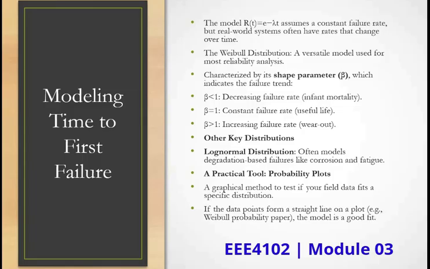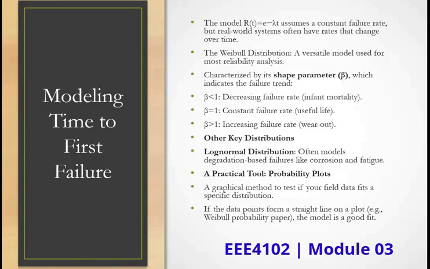For example, if you plot your component failure data on Weibull probability paper, and the data points form a straight line, you can be confident that the Weibull distribution is a good model for your data.